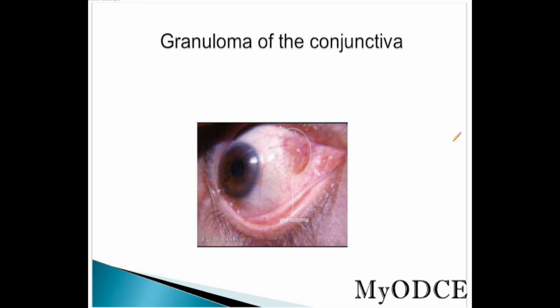The histologic differences between the bulbar and palpebral conjunctiva in terms of the thickness of the adenoid layer account for some of the differences that you'll see in terms of follicles, mostly on the palpebral conjunctiva versus not on the bulbar conjunctiva. We talked about how anatomically the conjunctiva, Tenon's, and sclera fuse at the limbus.